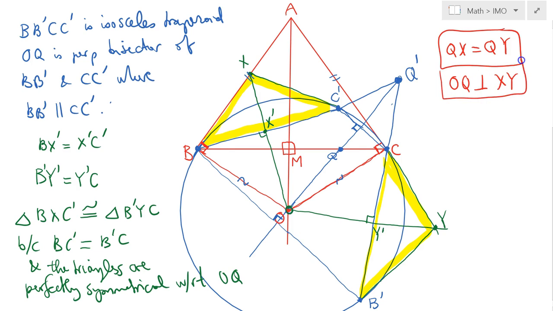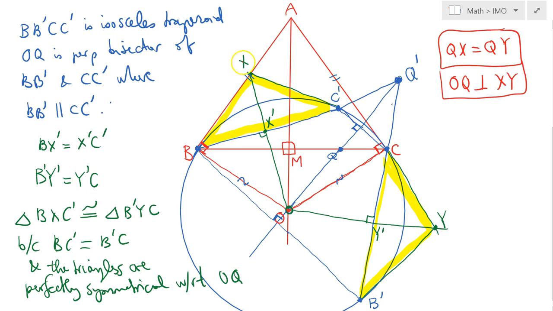But one thing I'm still missing is that I don't know if X, Q, Y are collinear or not. So if I draw, in fact, the line XY, it can well go through another point, not necessarily Q. In fact, our next claim would be that I would like to show that XQY is in fact collinear, and if they are collinear, XY goes through the point Q, but I already know XY and OQ are perpendicular.